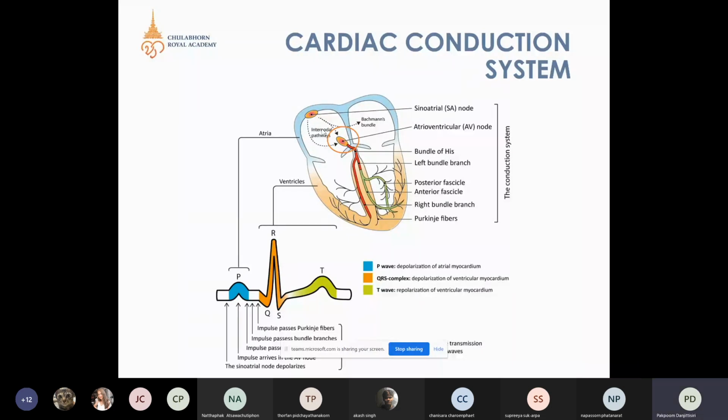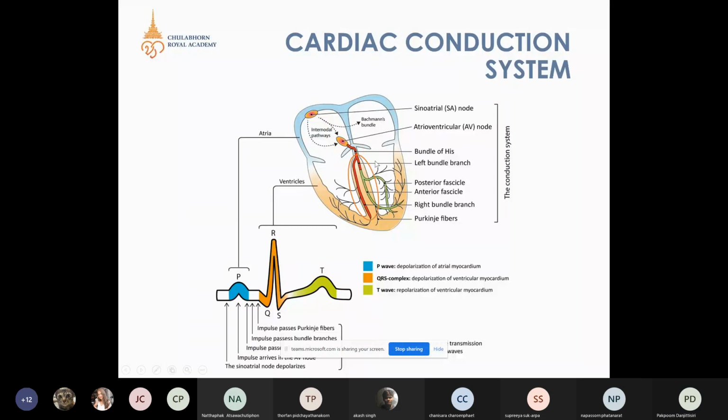After the electrical impulse stays for a while at the AV node, it will go to the ventricle through the only pathway that connects the atrium and the ventricle. This is the only way that allows the electrical impulse to go down from the atrium to the ventricle. It is called the bundle of His.